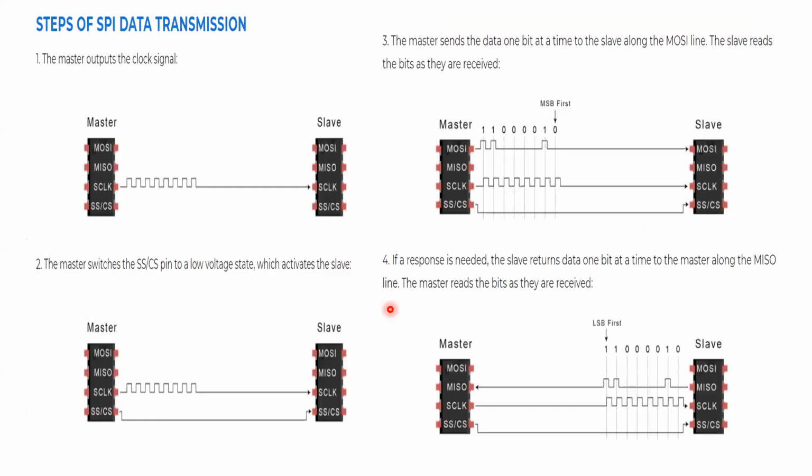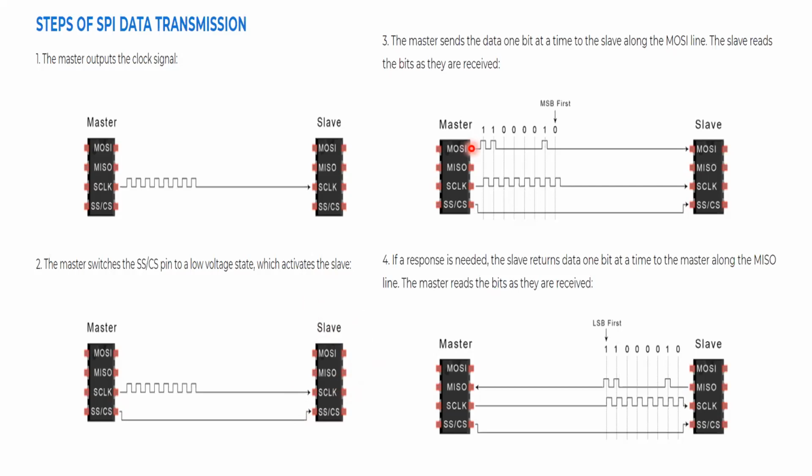Okay. So I have explained the steps of SPI data transmission. Please look at the diagram. First, the clock pulse will be sent to slave devices. Next, the master switches chip select or slave select, which decides which slave has to be activated. Since more than one slave is there, I have to decide which slave to activate.